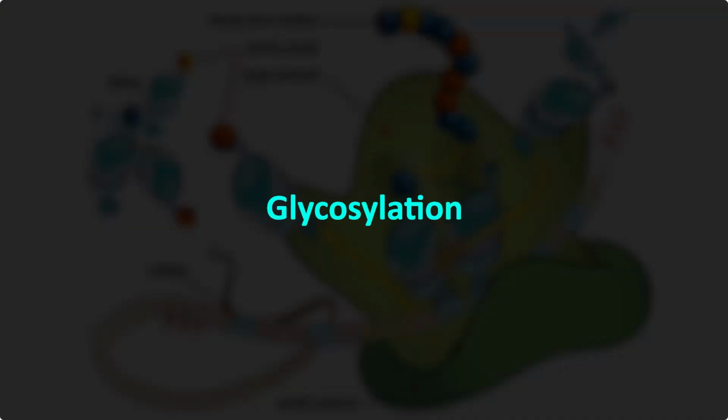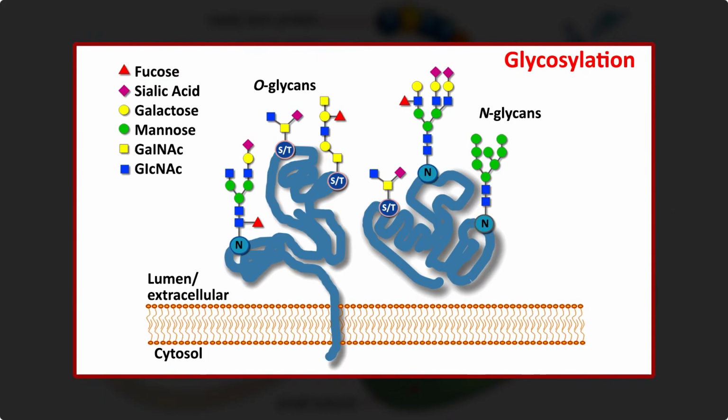First, the glycosylation. Protein glycosylation is one of the complex forms of post-translational modifications and is formed by the addition of carbohydrate molecules to an amino acid to form a glycoprotein. Carbohydrate chains are added to proteins in a reaction called glycosylation, which occurs in the ER or Golgi.